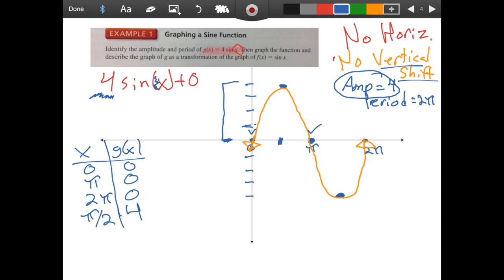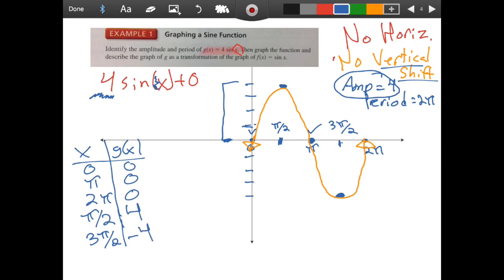Halfway between pi and 2 pi would be 3 pi over 2, which makes sense because we kind of broke up this segment of 2 pi into 4s. So pi over 2, 2 pi over 2 is just pi. It makes sense that this would be 3 pi over 2. And that outcome is just -4.